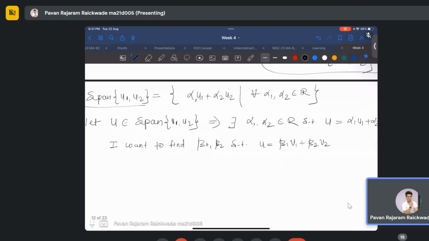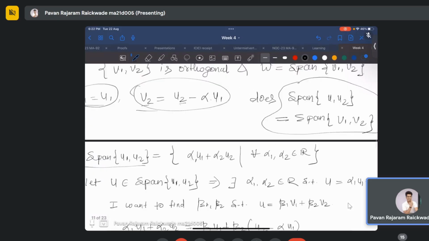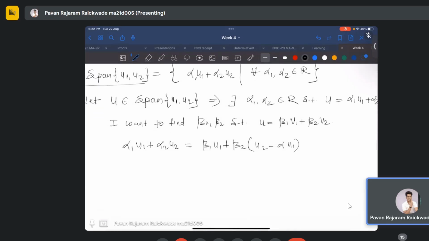Okay. So let's equate alpha 1 U1 plus alpha 2 U2 to beta 1 V1 plus beta 2 V2, where V1 is again U1 and V2 is, as we claimed, U2 minus some alpha times U1, right? That means, what is the coefficient of U1?